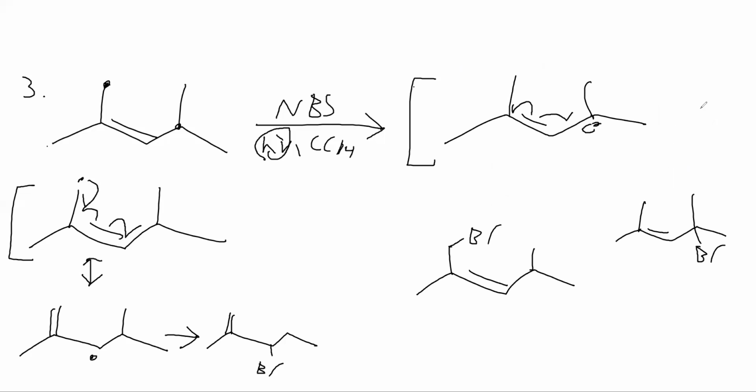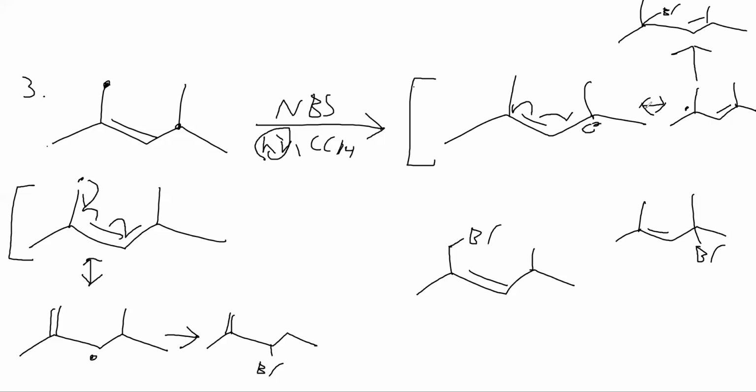Not supposed to be a resonance arrow. So now we get this double bond and this radical. I guess I'll just draw it going up here. So we have 4 products and they'd all form in decent amounts.